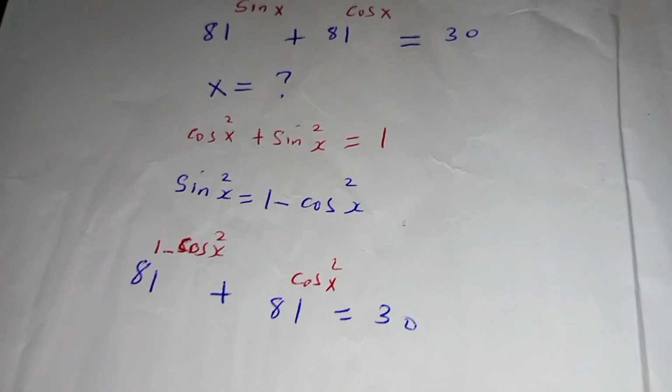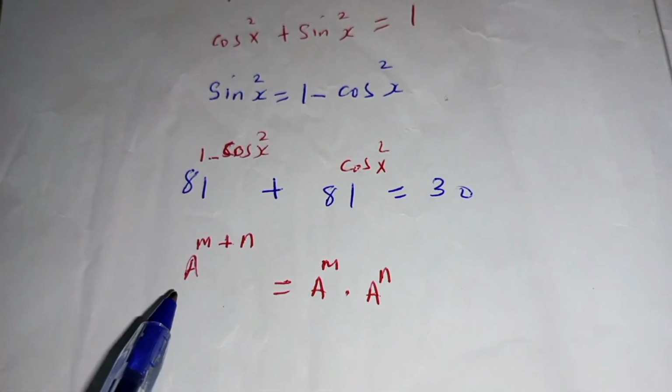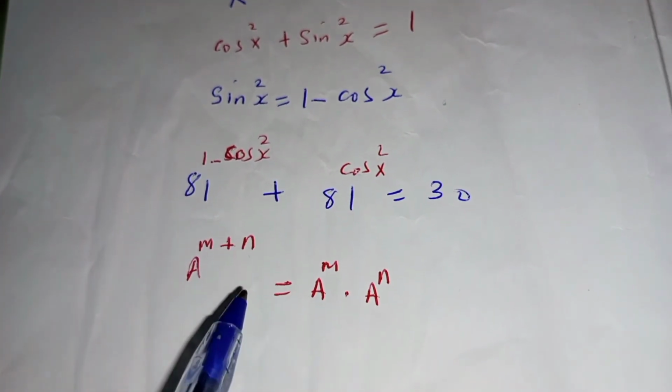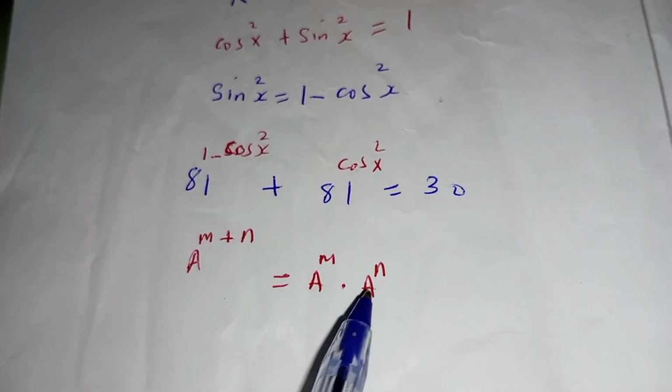From here, we make use of this law of indices. When you have a power m plus n, it is the same as a power m multiplied by a power n.